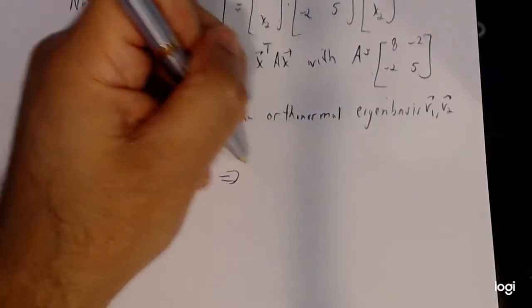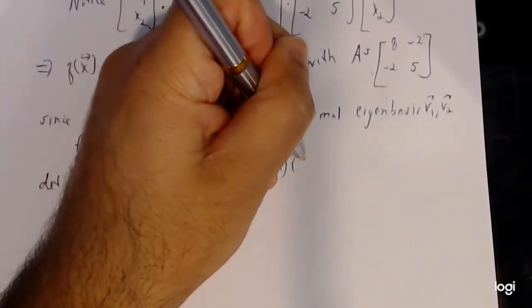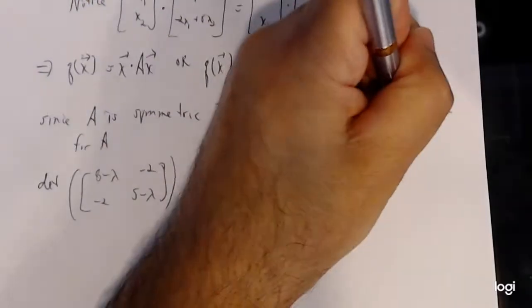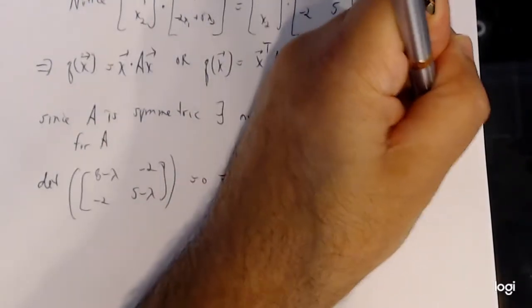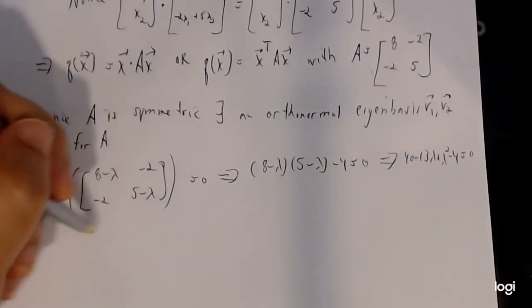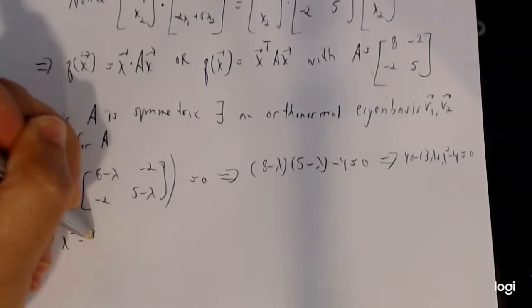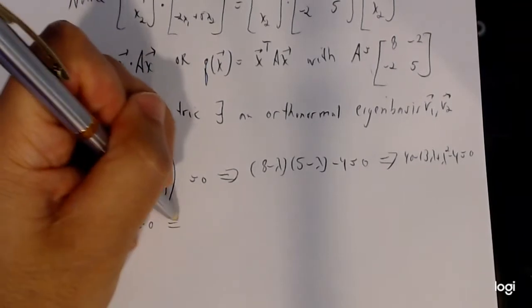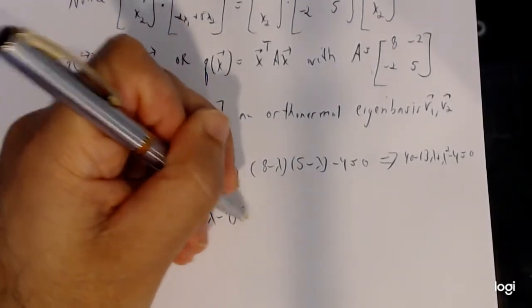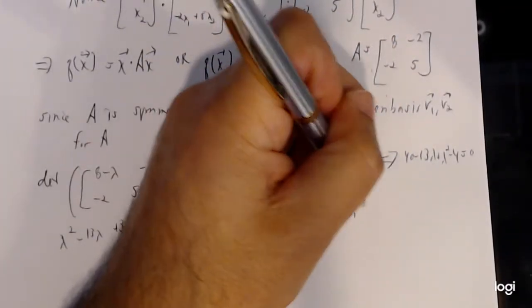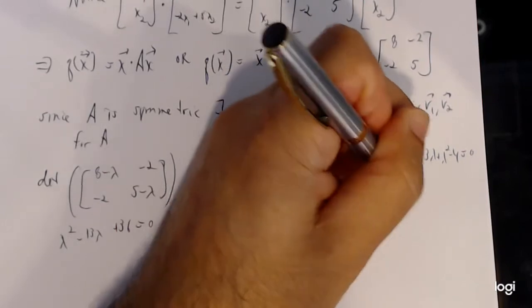This gives me 8 minus lambda times 5 minus lambda minus 4 equals 0, which implies, I'm just going through this really quickly, 40 minus 13 lambda plus lambda squared minus 4 equals 0, which simplifies to lambda squared minus 13 lambda plus 36 equals 0, which equals lambda minus 9 times lambda minus 4 equals 0, which gives us lambda sub 1 equals 9, lambda sub 2 equals 4.